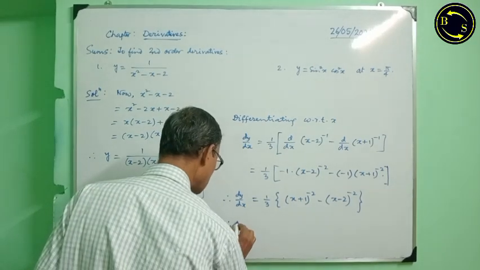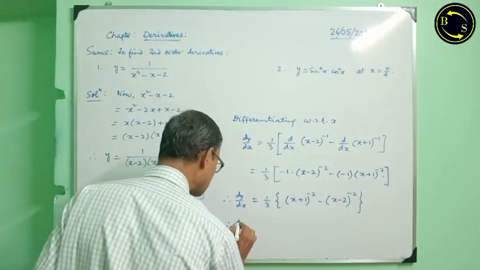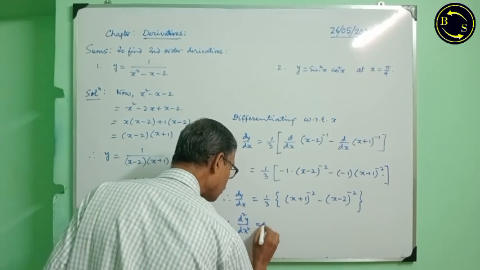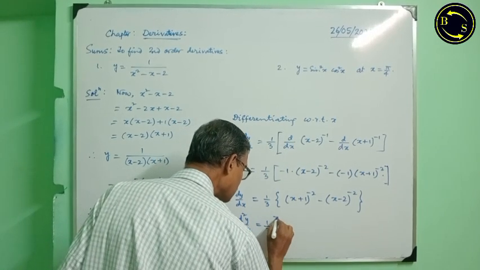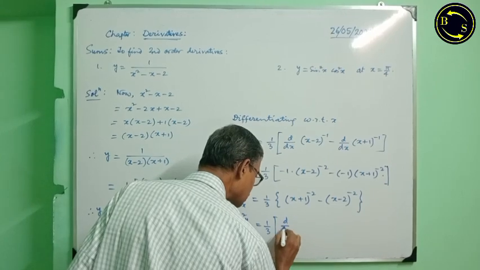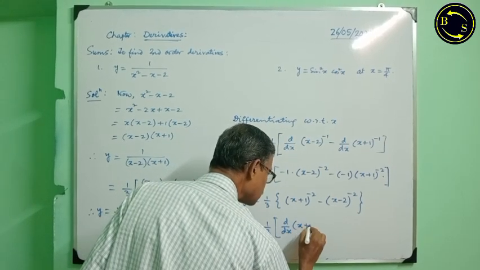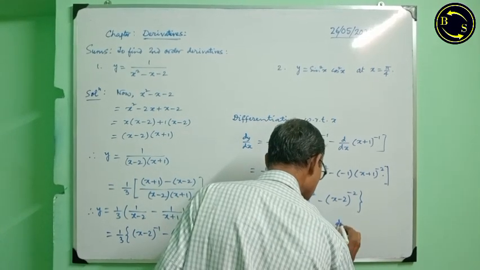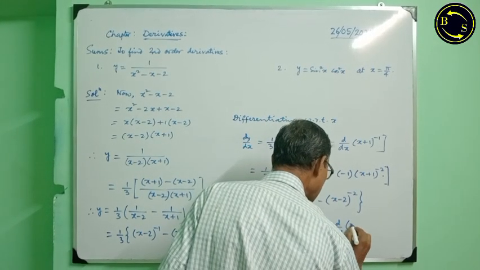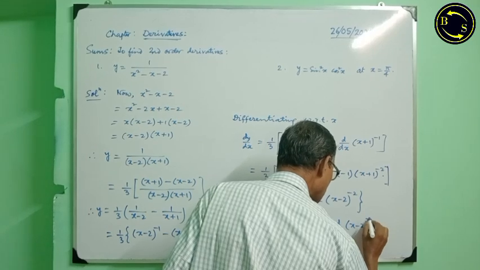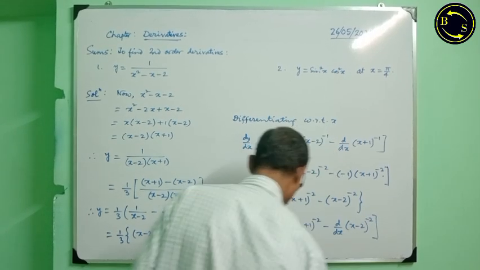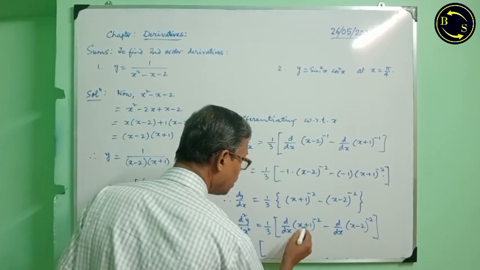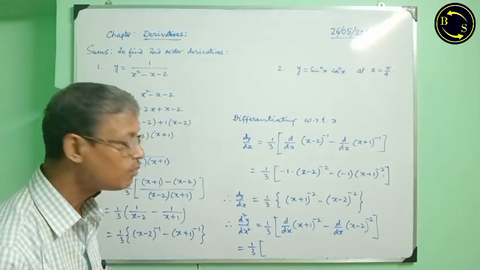Therefore, again differentiating to get the second order derivative, 1/3 constant, d/dx of (x plus 1) to the power minus 2 minus d/dx of (x minus 2) to the power minus 2. That will be equal to 1/3. Again it is u to the power minus 2 form.